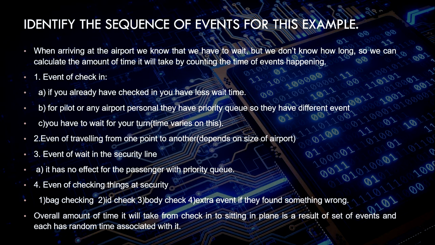Even the security check itself has different events, like bag checking, ID check, body check, and an extra event if something is found wrong. So the overall amount of time from check-in to sitting in the plane is a result of a set of events, and each has a random time associated with it.